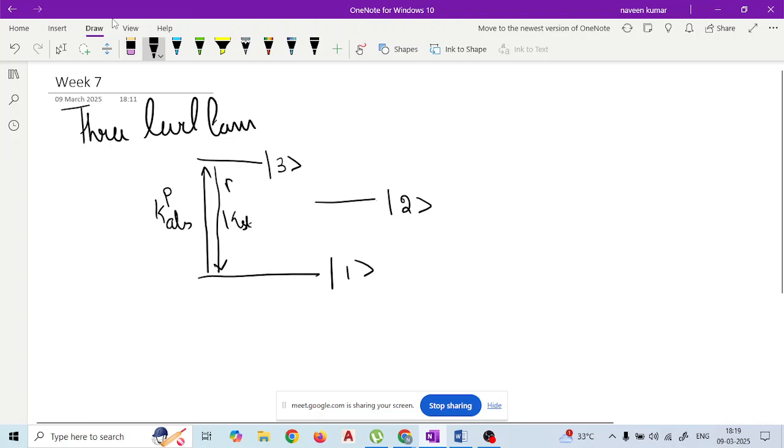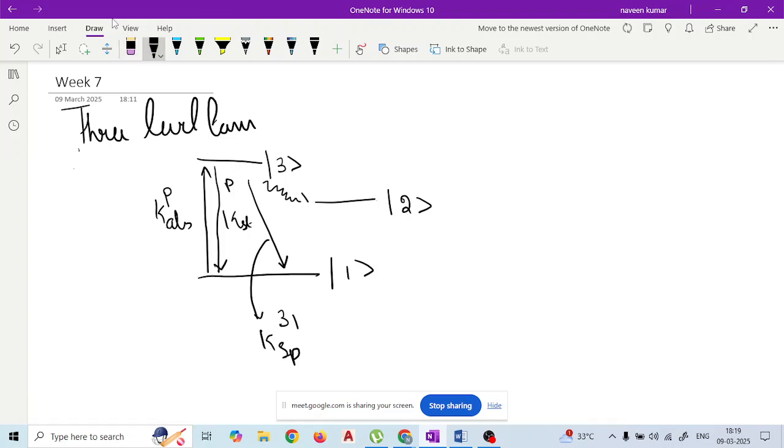Here the transition from one state to another is stimulated.